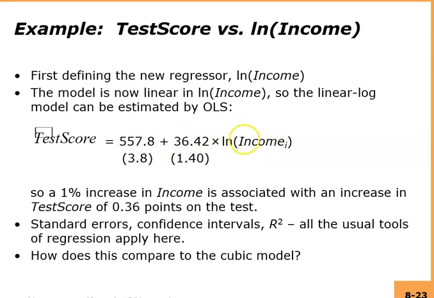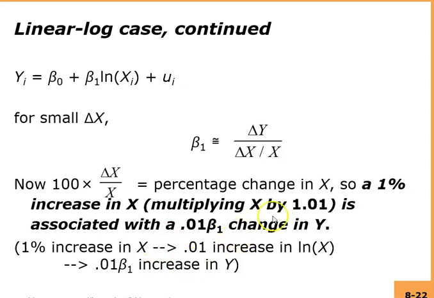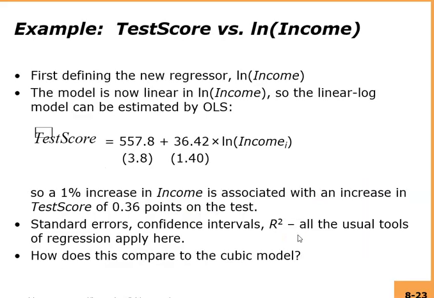What we see is that we can easily interpret the results of this equation, and we can say that a 1% increase in income is associated with an increase in test score of 0.36 points on the test. Once again, just using this identity, a 1% change in x results in a 0.01 beta 1 change in y. So a 1% increase in income will result in a 0.01 multiplied by 36.42 point increase on the test.